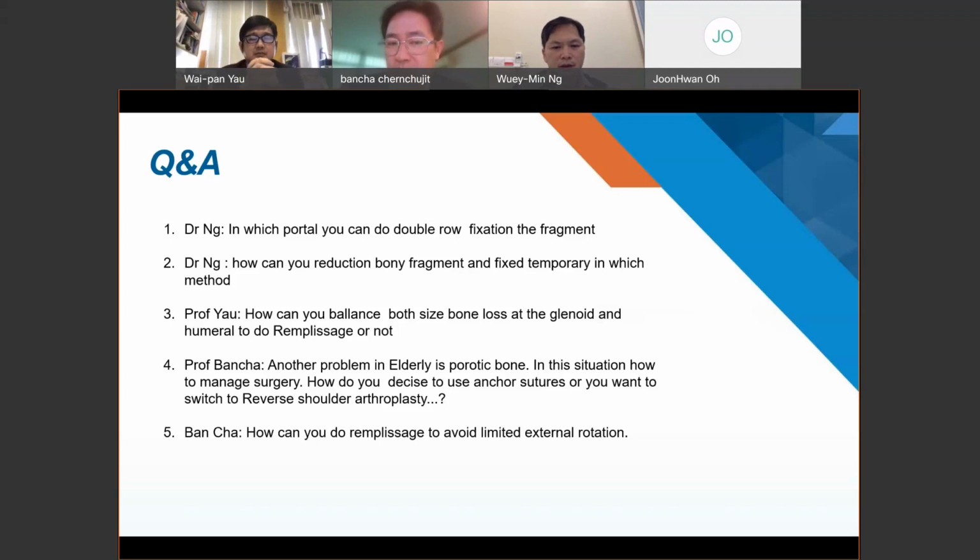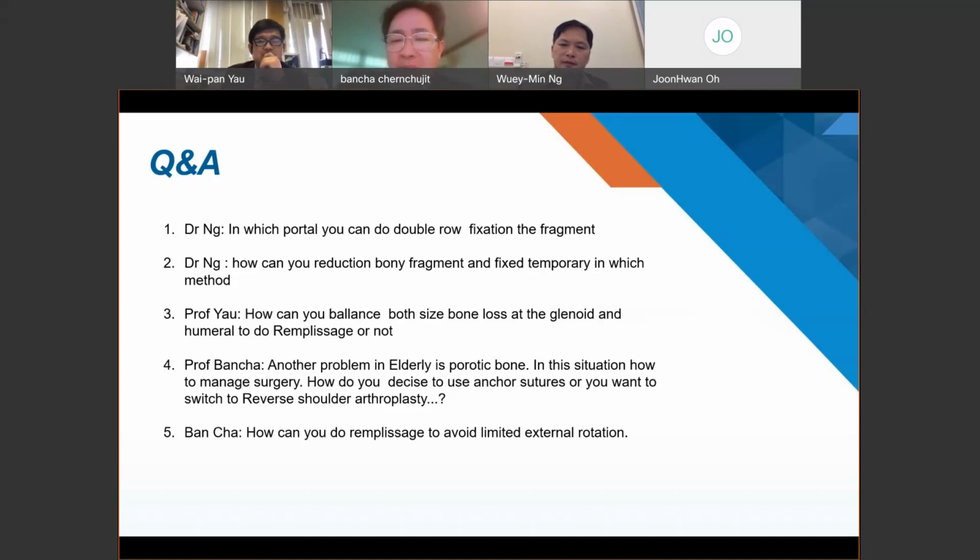I don't have experience of very severely limited external rotation up to 20 degrees, just a mild limitation. Usually after a while, if you don't tell the patient, they won't realize there's a limitation. So I also have no problem with external rotation loss.